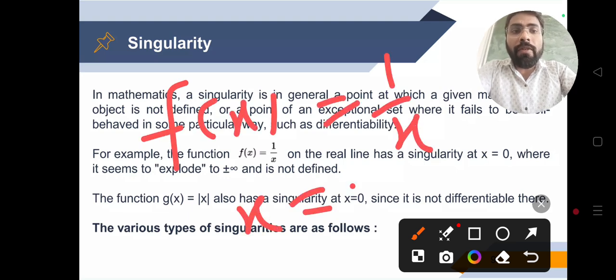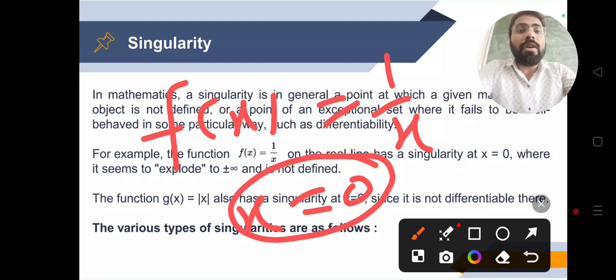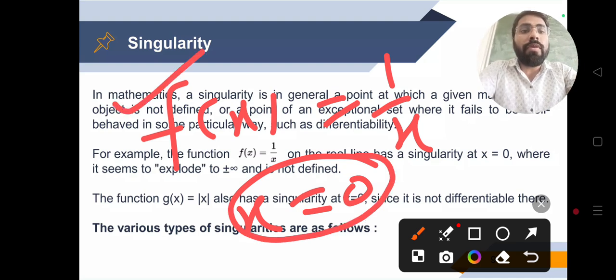So if we talk about point x is equals to 0, so function would not be defined properly. It will be either plus infinity or minus infinity.